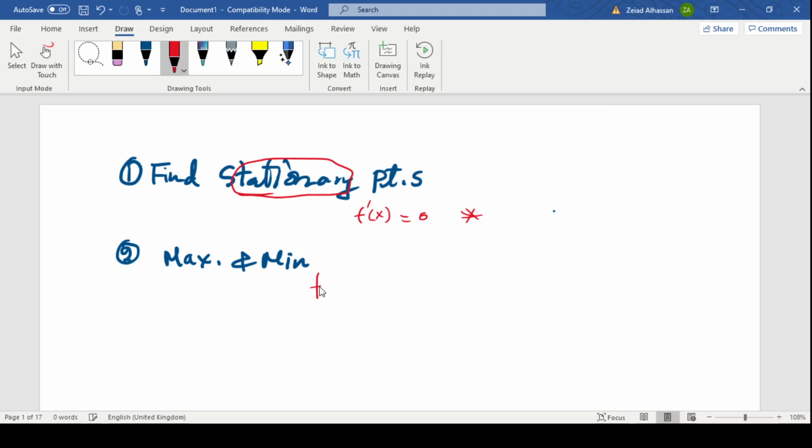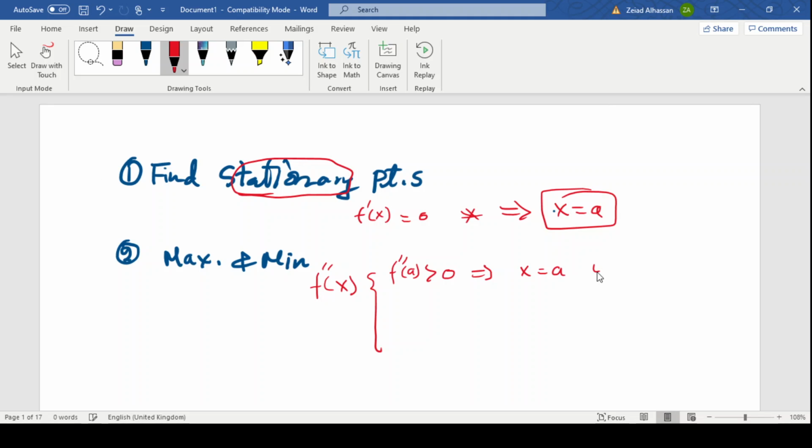For example, let's say after this x equals a, we take the second differentiation of the function and substitute x equals a into it. If the second differentiation is greater than 0, then at x equals a we have a minimum.